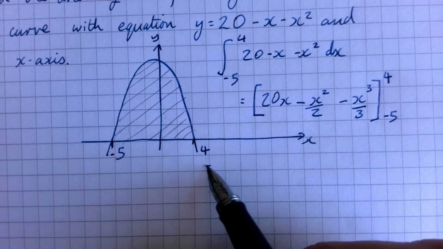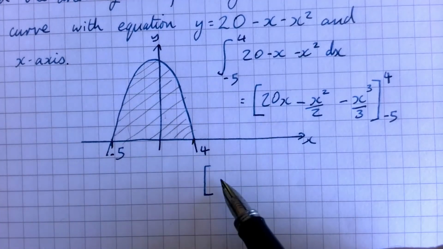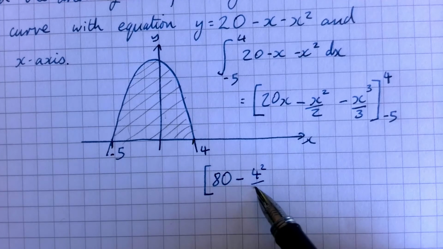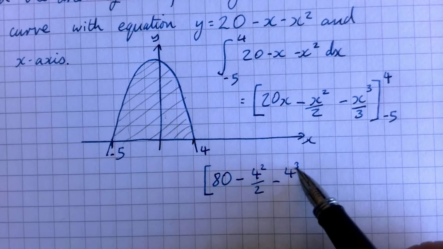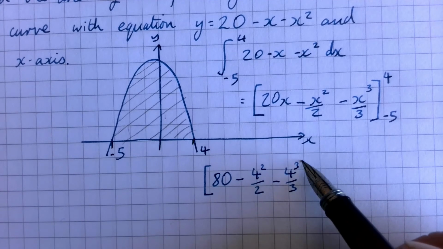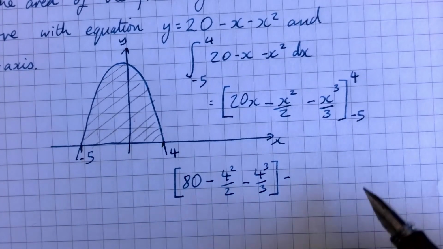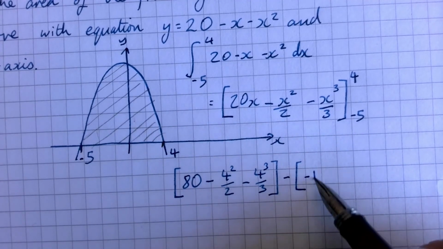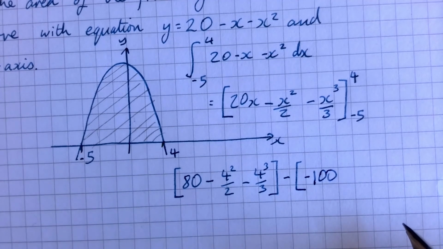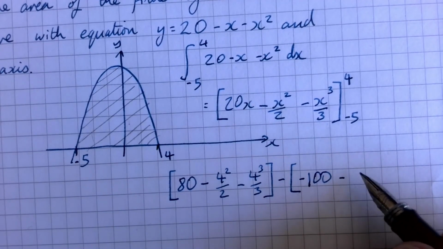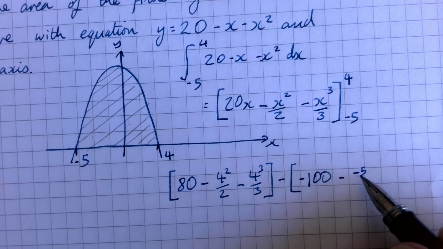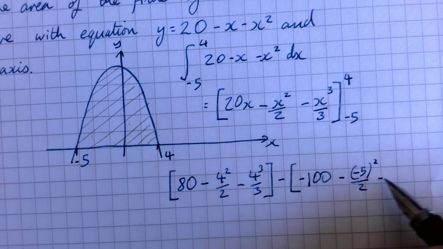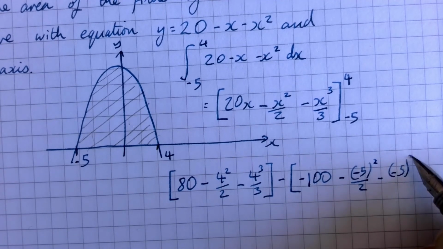So 20 times 4 is 80, minus 4 squared over 2, minus 4 cubed over 3, all take away negative 100, because 20 times -5 is -100, and then you have to be a little bit careful here because we're taking away negative 5 squared over 2, which will give us a positive, but then not so on the next one.